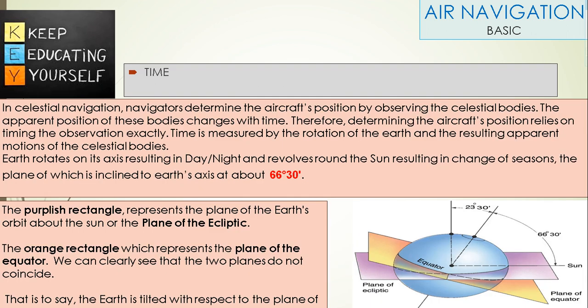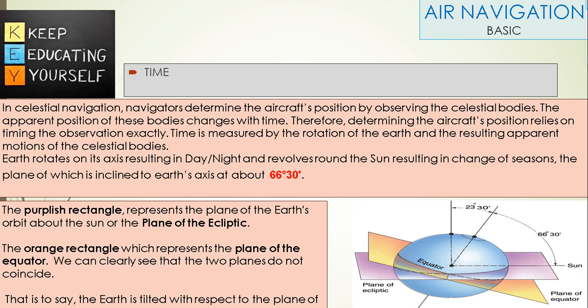Time. In celestial navigation, navigators determine the aircraft position by observing the celestial bodies. The apparent position of these bodies changes with time. Therefore, determining the aircraft's position relies on timing the observation exactly.